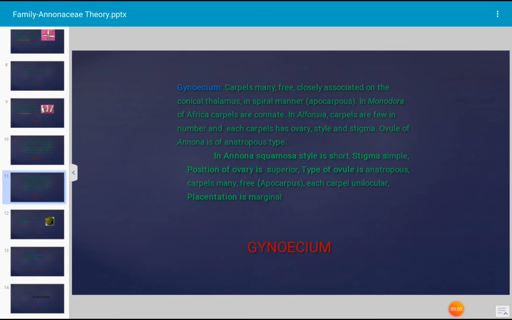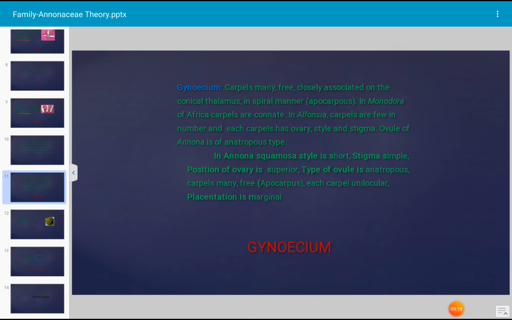In Annona squamosa, style is short, stigma is simple, position of ovary is superior, type of ovule is anatropous, carpels many, carpels are free, hence it is described as apocarpous. Apocarpous condition occurs in Annona squamosa.